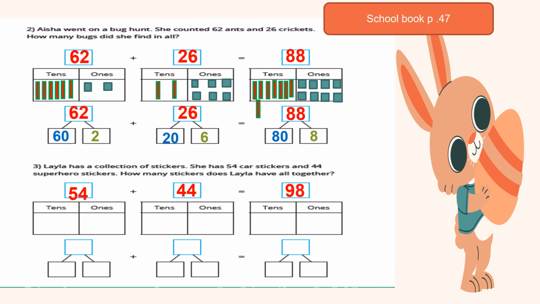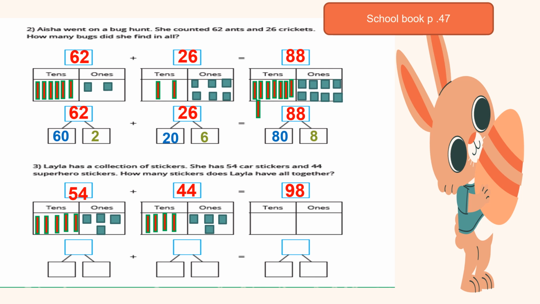98. Let's draw our sticks and small squares. 54. How many sticks do we have? 5 sticks. How many small squares? 4 small squares. 44. How many sticks do we have? 4. How many small squares? 4 small squares. 98.